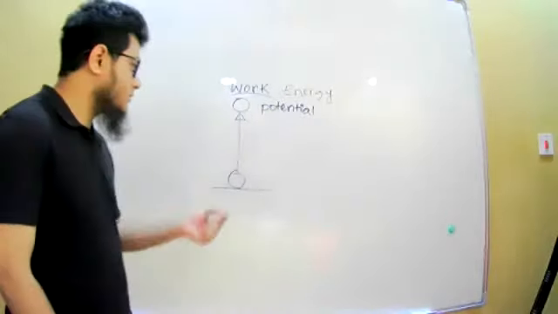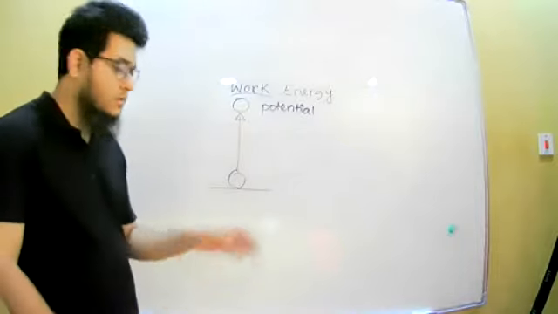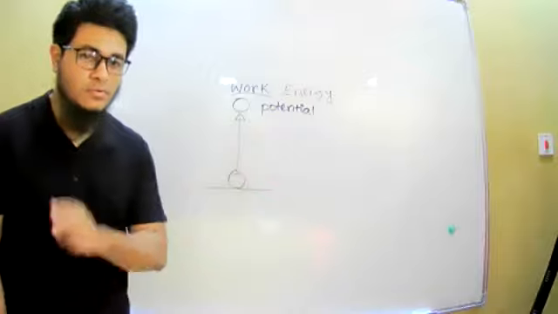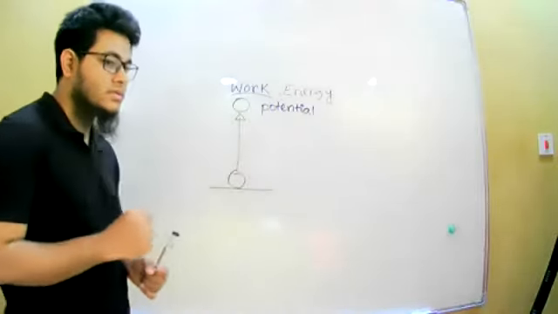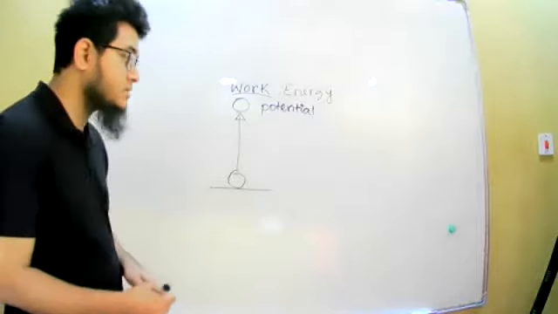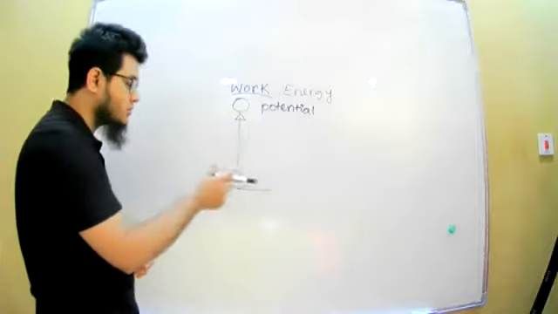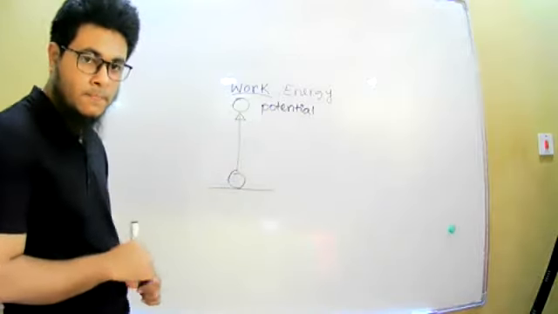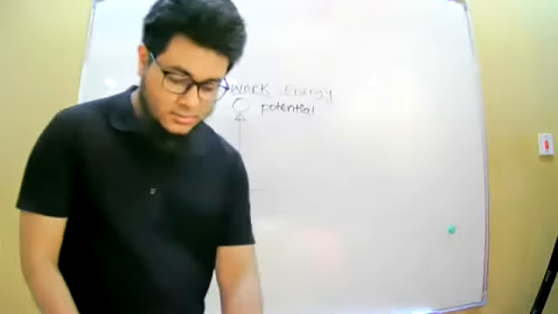So the body will fall on the ground, and throughout the process, just before touching the ground, the full amount of potential energy will be converted to kinetic energy. So from here we can say something very important: potential energy at the highest point is equal to the kinetic energy just before touching the ground. Remember this one.